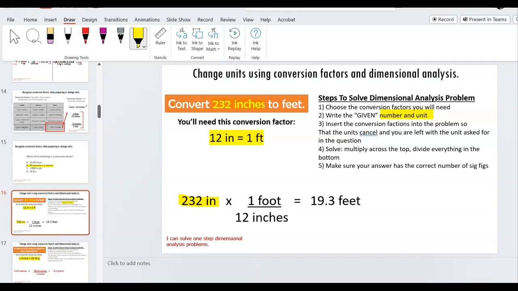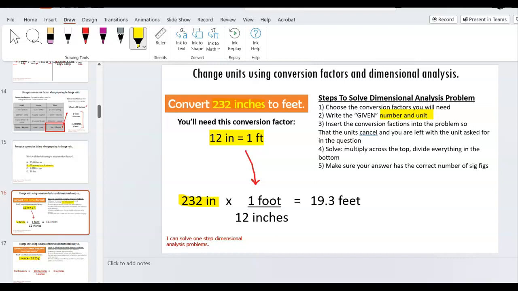So I'm writing 232 inches, including the unit. And now I want to plug in this conversion factor in a way that makes my units cancel. I can't plug it in with that equal sign. But in step 3, it says insert the conversion factor into the problem so that the units cancel and you are left with the unit asked for in the question.